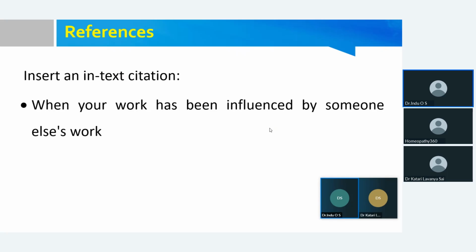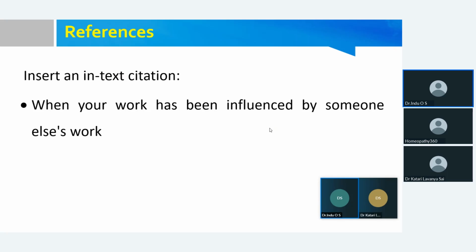So that is known as in-text citation. In the text or content, you can see citation. You have to give a citation when your work is influenced by someone else's work, so you are taking some points from any other published work. Next point, when you directly quote someone else's work, for example, this particular objective was tested in this particular study, you have to give citation inside the content.